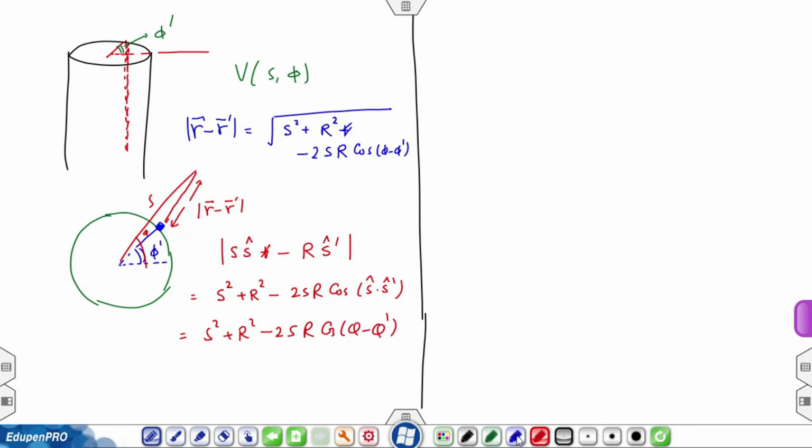What are s and s prime? Just to recall, this is s and along r is s prime.